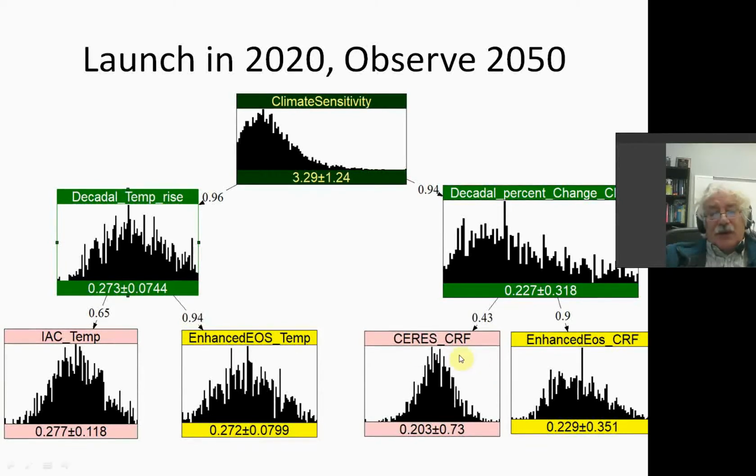Same thing over here. The current system for measuring CRF has an even lower correlation with its proxy variable, whereas the enhanced systems have much higher correlation. So the point of this whole demo is to illustrate how much bang for our buck we will get if we can launch this enhanced system.